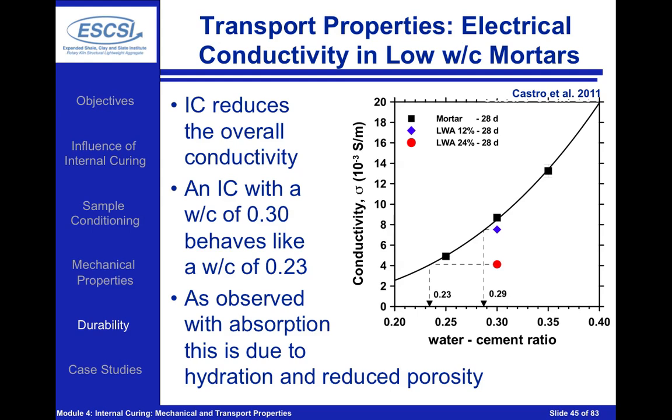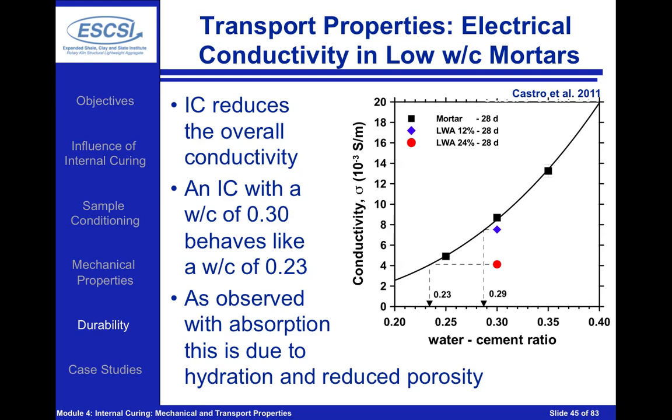Now, another way that this can be measured is by using the electrical resistivity or the electrical conductivity of the concrete. So here we can see an internally cured concrete. Again, this is very similar to what we saw slightly earlier. Different water to cement ratios plotted against the overall conductivity of a mortar shown in black.